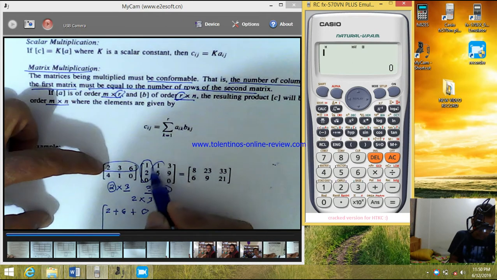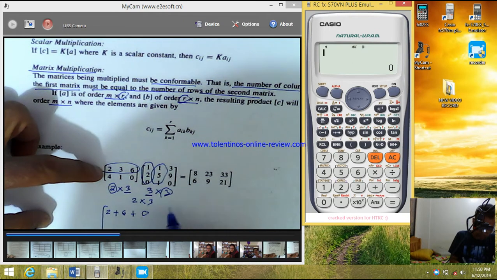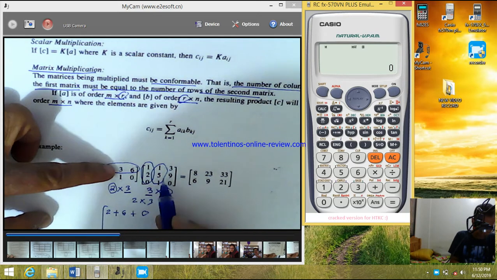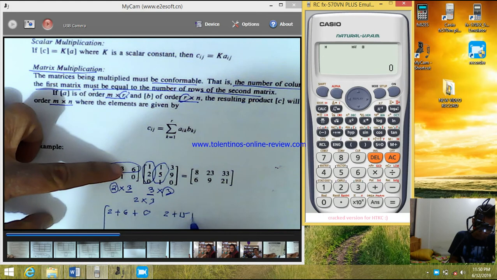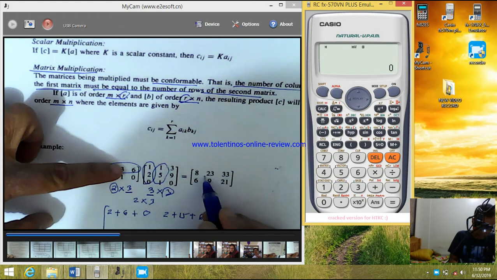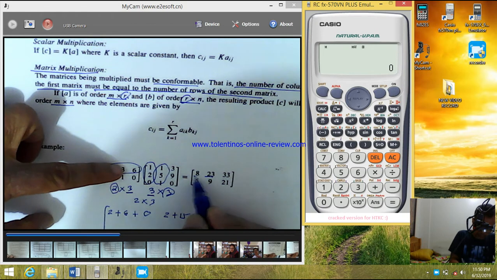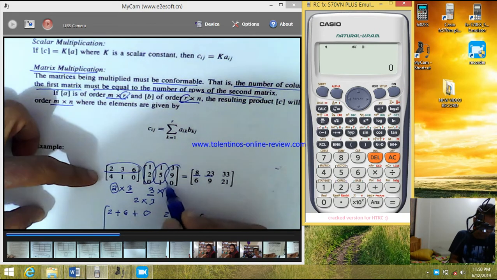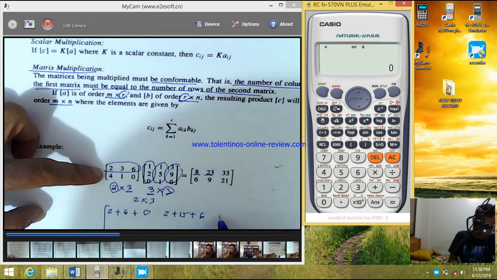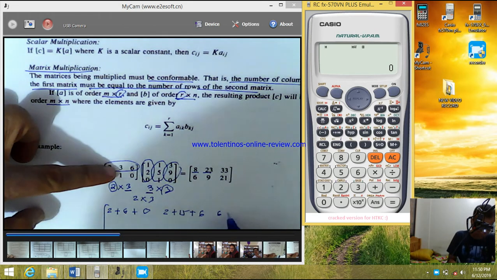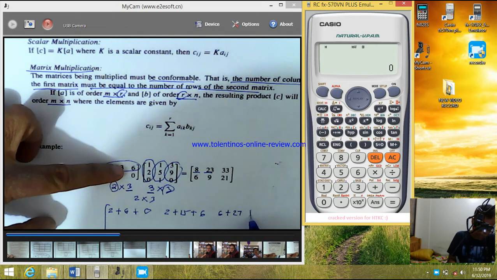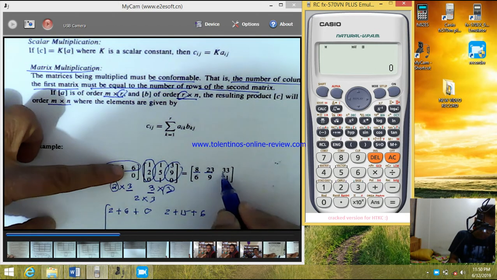Next is second element. 2 times 1 is 2, 3 times 5 is plus 15, and 6 times 1 is plus 6. That gives you 23 here. This is 8. Next is this one. 2 times 3 is 6 there. 3 times 9 is plus 27, and 6 times 0 is plus 0. So that gives you 33.